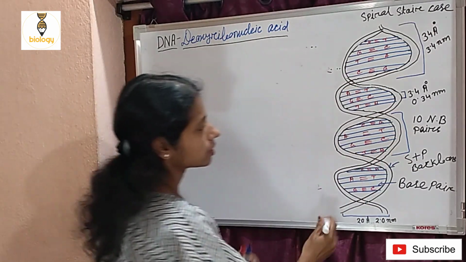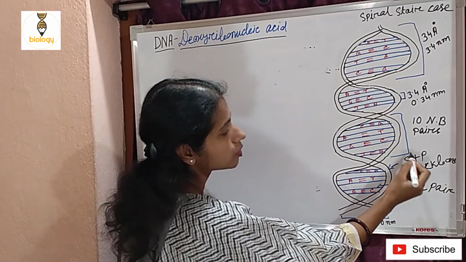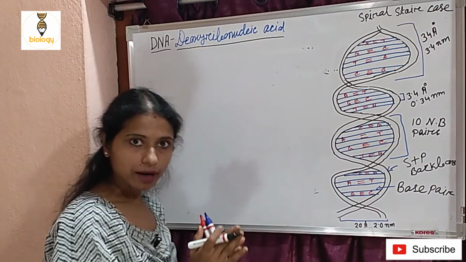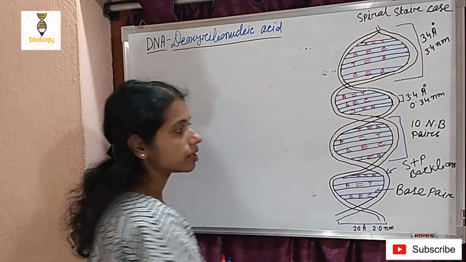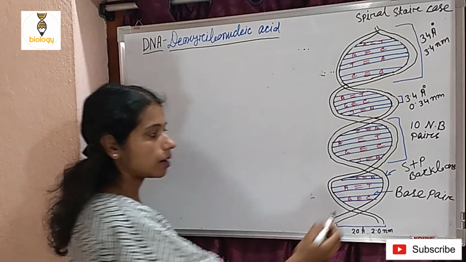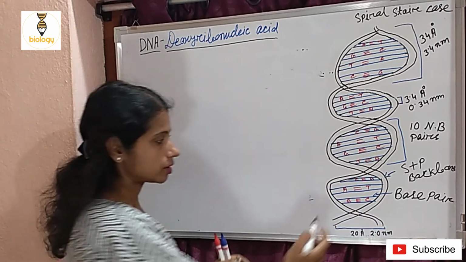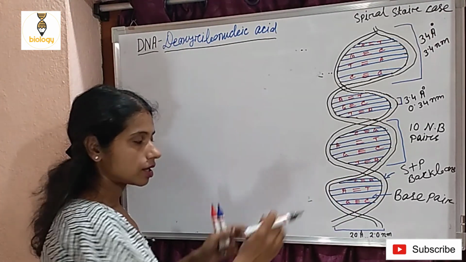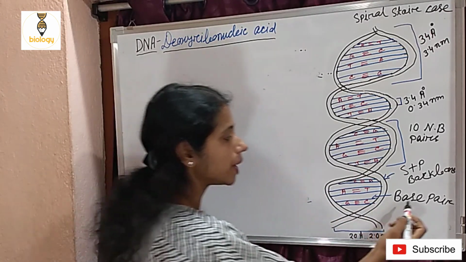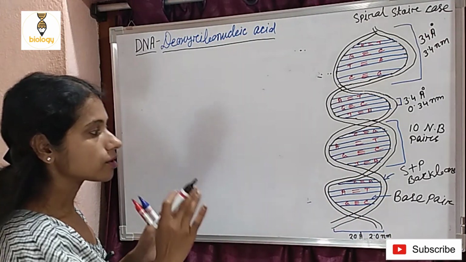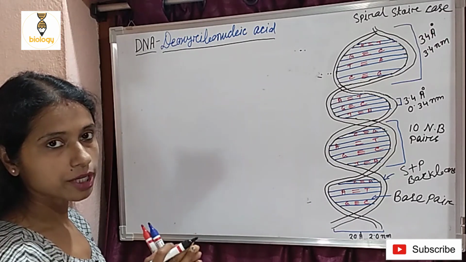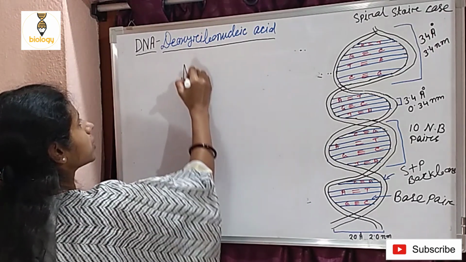The chains are made by a sugar and phosphate backbone. This is one chain, this is another chain. The middle part between the chains is called the base pair, and the base pair is made by nitrogen bases.